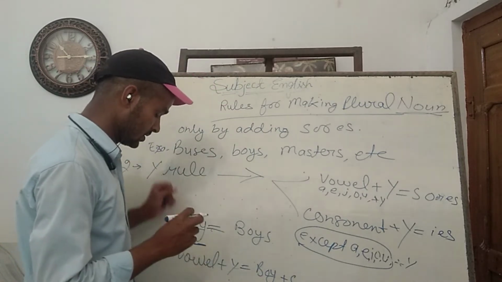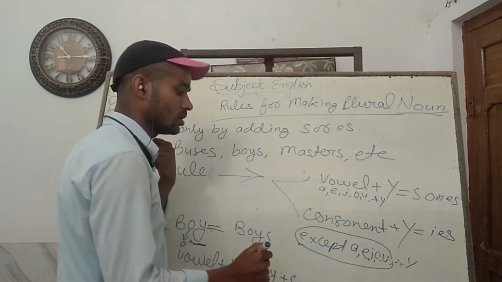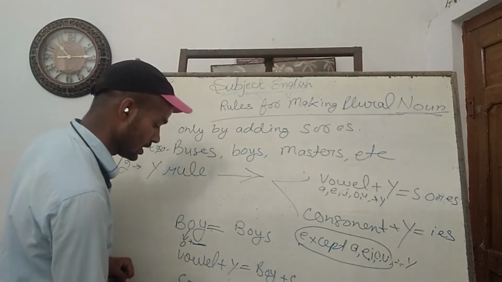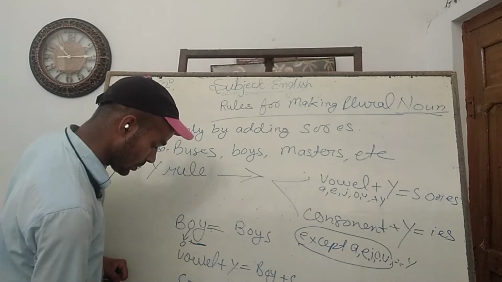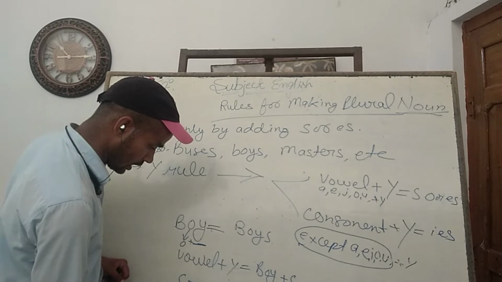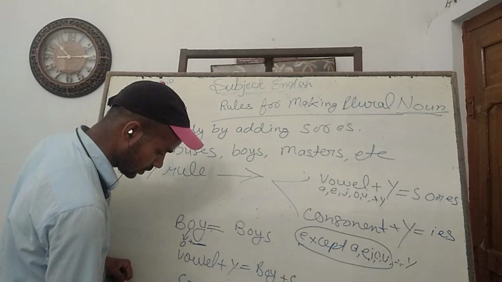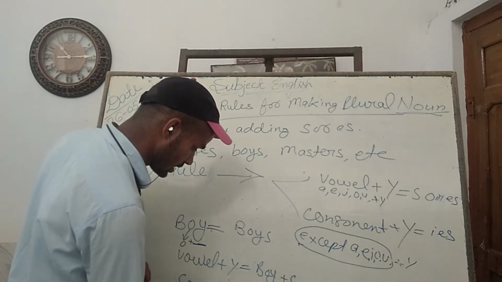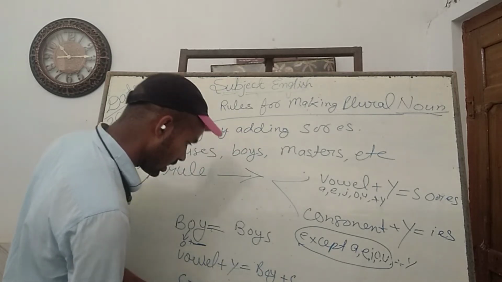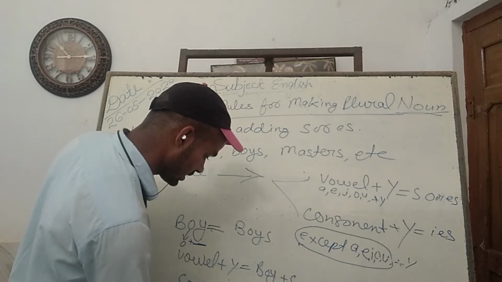Another example: cry. Here y is preceded by r, a consonant, so consonant plus y becomes ies, and we get cries, meaning cr plus ies.